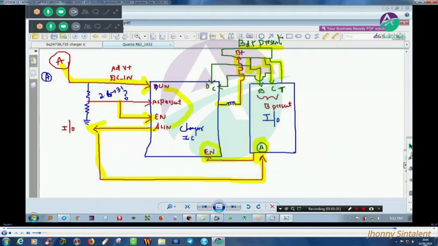Clear, sir. 100% clear, sir. Very good. That means you are improving now. Good. So can we go forward? Now you understood the language of schematics.